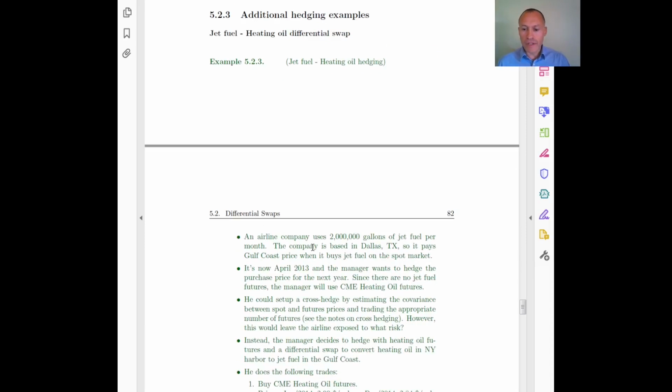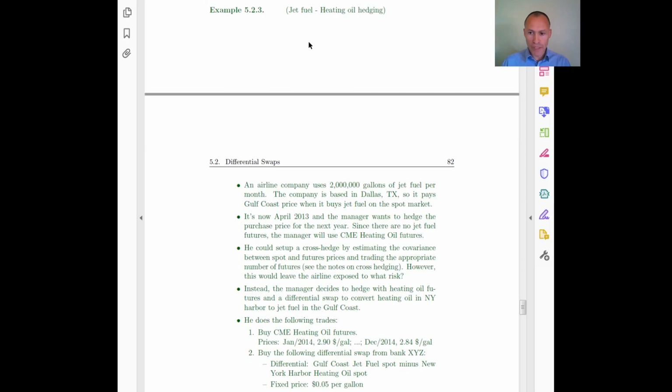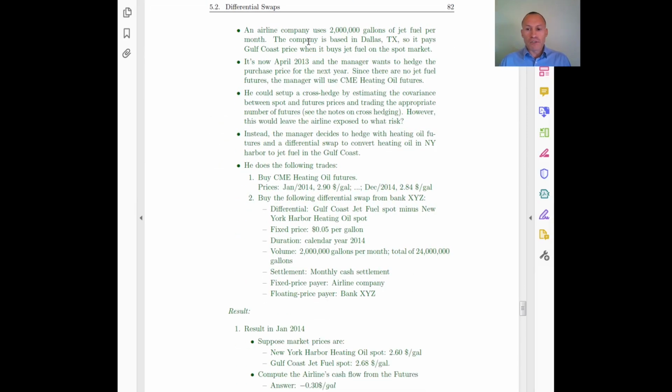All right, so finally, just some additional examples of hedging, typical examples in the energy industry. A very common example is jet fuel heating oil hedging through a differential swap, right? So the typical example is this. We have an airline company that needs jet fuel, some amount. It's based somewhere, let's say in Dallas, and it pays the Gulf Coast price.